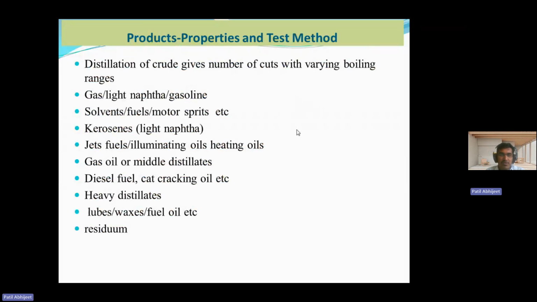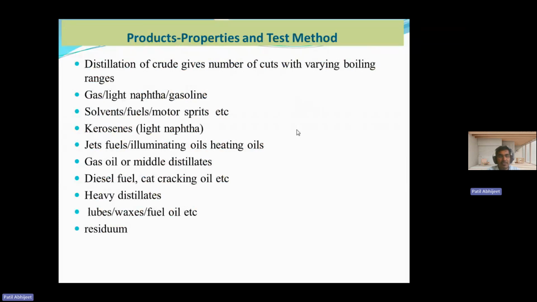Next, some of the products may be used as solvents. Some fuels may also be derived, like diesel, aviation fuels, and motor spirits. The next product is what we call kerosene, which in the regional language is called rocket. Kerosene and light naphtha are generally intermediate products obtained after distillation.